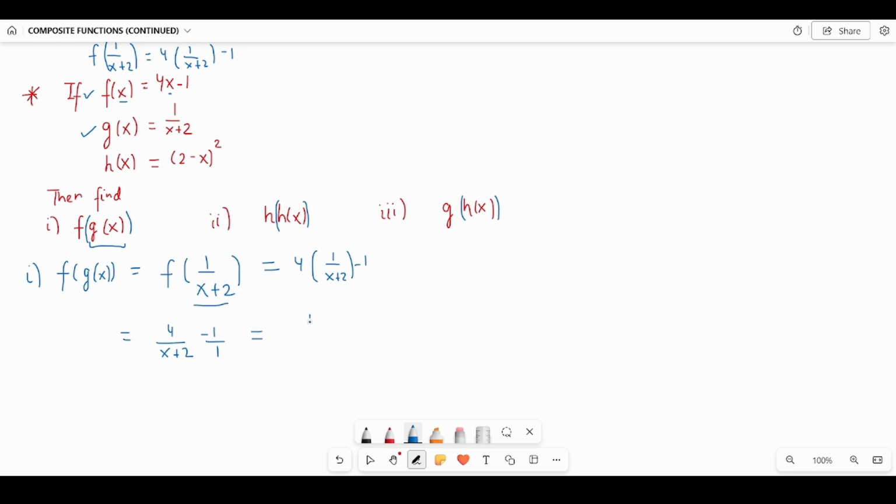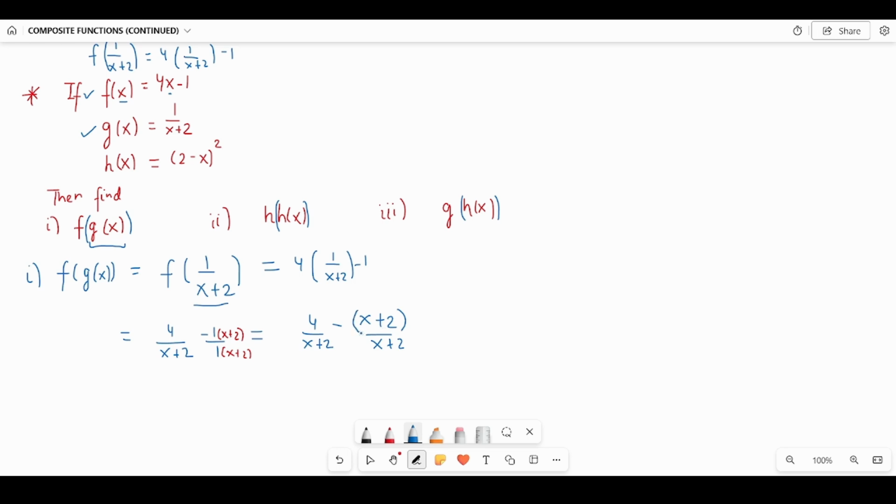So to make the denominator same, we will multiply this one by x plus 2. And then, whatever operation we do in the denominator, that same thing we do in the numerator as well. So basically, instead of writing negative 1, we can write negative x plus 2 divided by x plus 2.